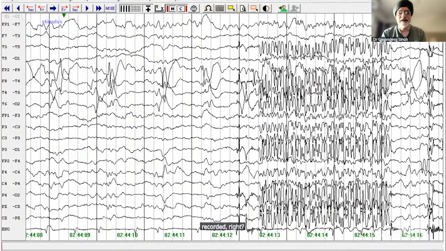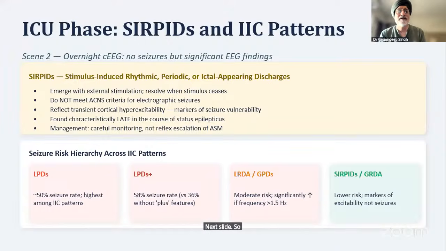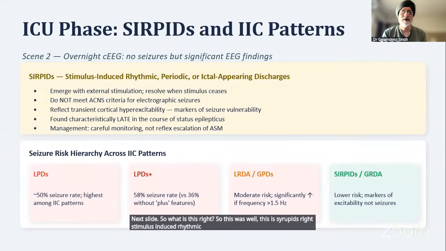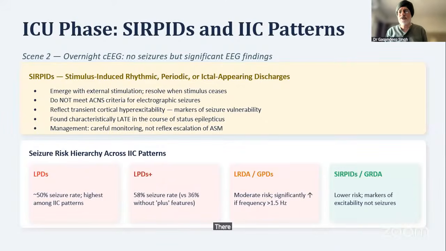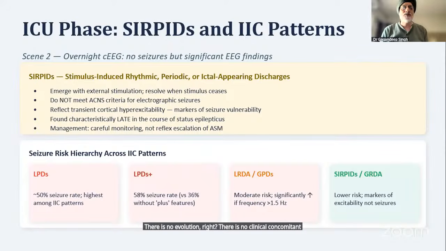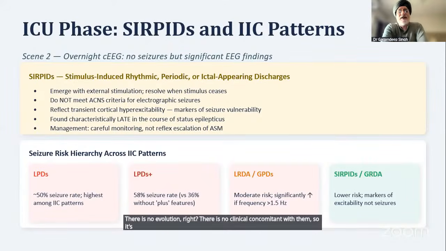Next slide. So what is this, right? Well, this is SIRPIDs, right? Stimulus-induced rhythmic periodic ictal appearing discharges. They last for some time, say about 3 to 5 seconds. There is no evolution, right? There is no clinical concomitant with them. So it's really not a seizure. I mean, it's not an ictal rhythm.